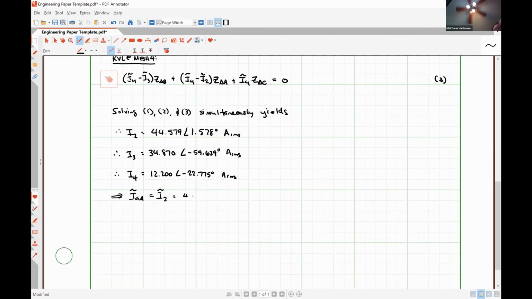So that's 44.579, angle 1.578 degrees, amps. All right, so IBB. What would that one be? It'll be I3 minus I2. Okay. Let me grab my calculator real quick.